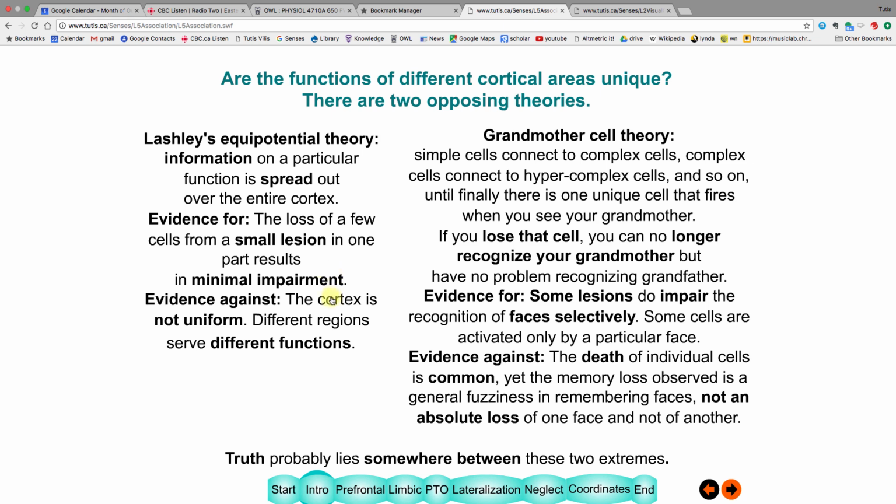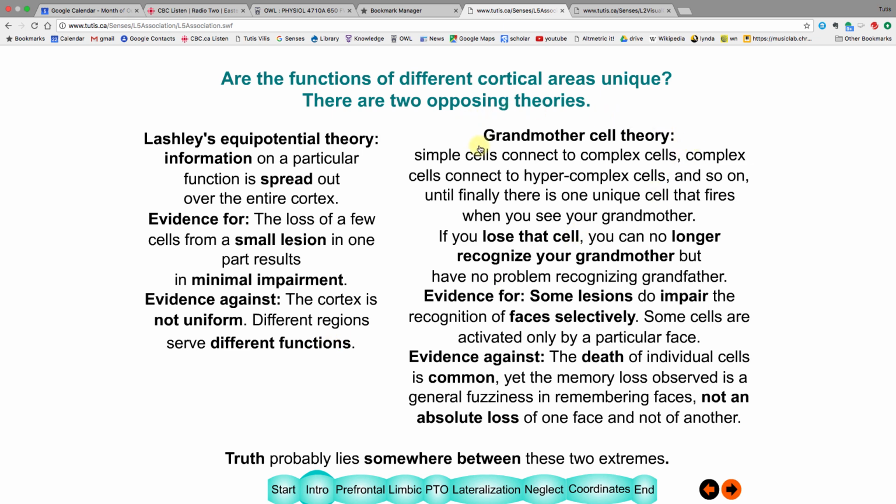But the evidence against that is the brain isn't uniform. The eye projects to V1, not to someplace else. Your motor cortex that produces all the signals down your spinal cord is located in front of the central sulcus and no place else. So there are differences in function.